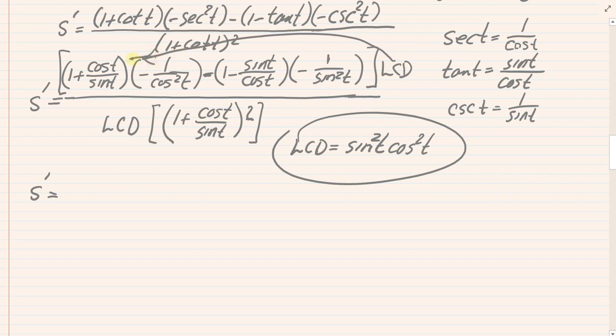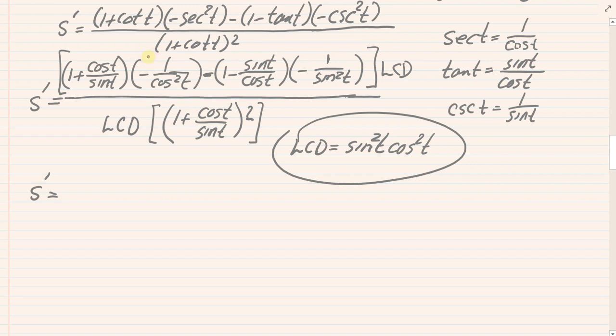Now, once you distribute the LCD, this denominator is going to go away. This is the denominator I'm talking about. So let's do this.